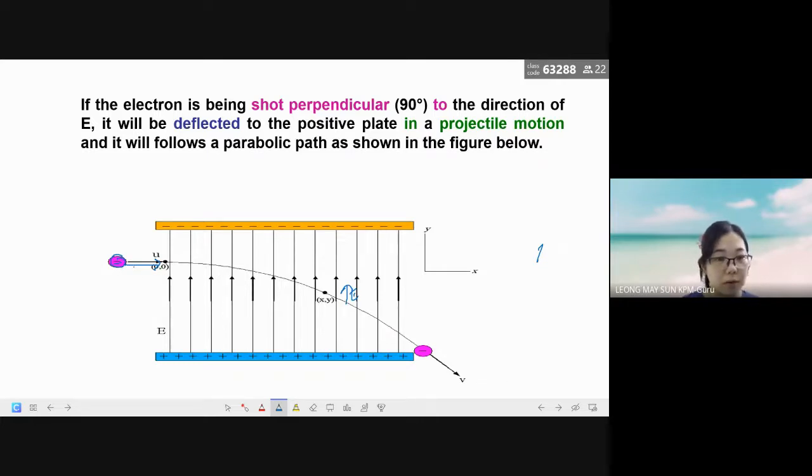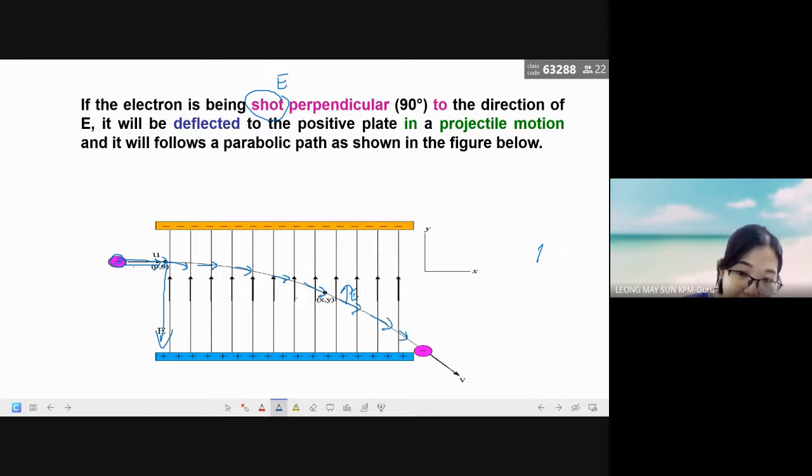It won't directly go downwards. Why? Because it is being shot, which means it has energy. When it enters here it will be attracted, but because the forward energy is stronger, it will keep moving forward first and then slowly be attracted by the positive plate.